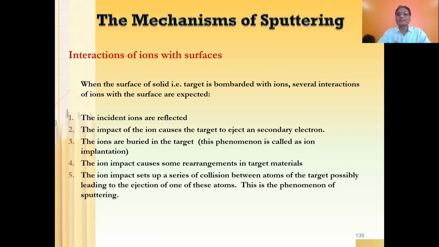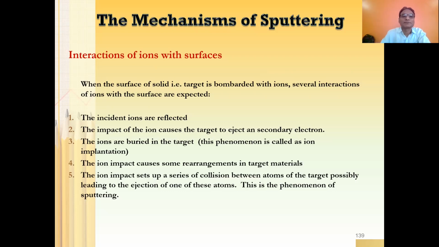Let me tell you the mechanism. What kind of mechanism do we have in sputtering? For that purpose we need to discuss what the probable interactions are which we can have when the energetic ions are bombarded on the surface. Whenever we have interaction of ions with a surface, there are 5 possibilities.